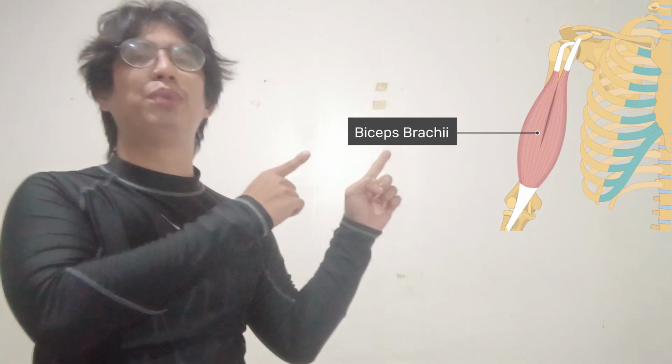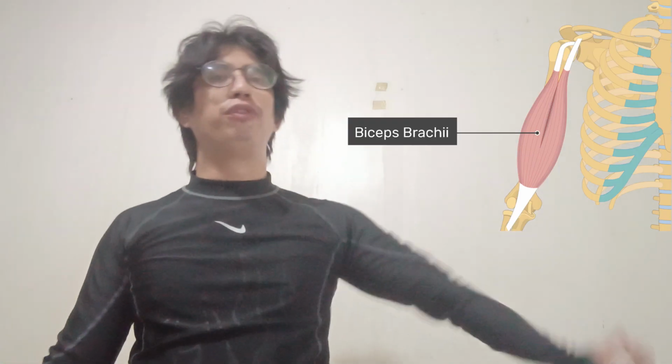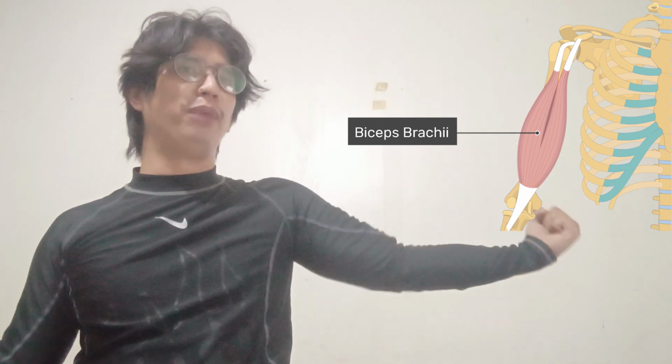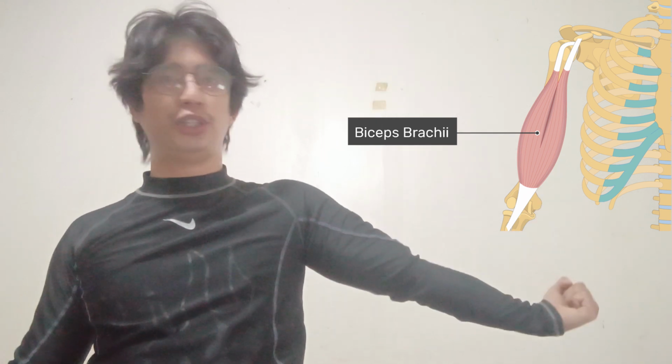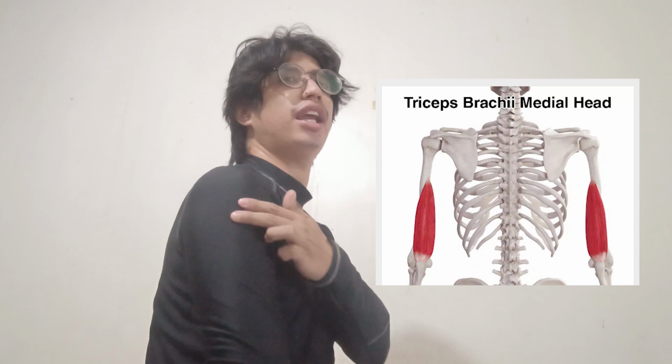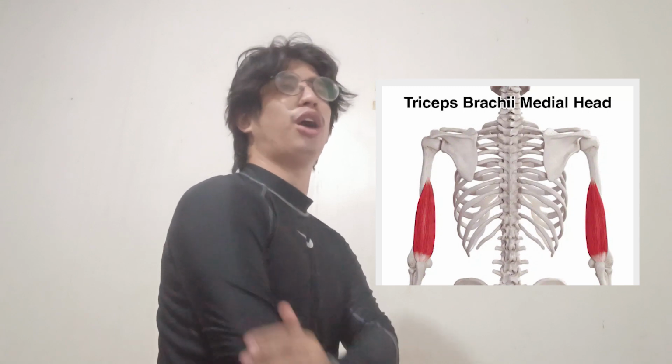Next in our list we have the biceps brachii, with which we can do flexion of the elbow and supination of our forearm. Of course, if we have biceps, we have triceps brachii. The triceps brachii is for extension of the elbow.